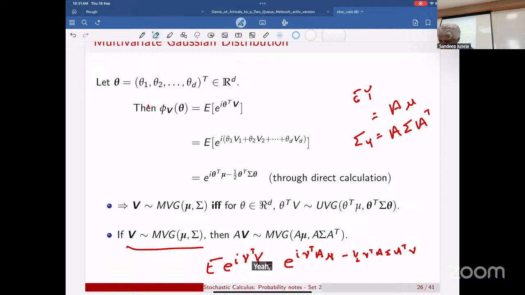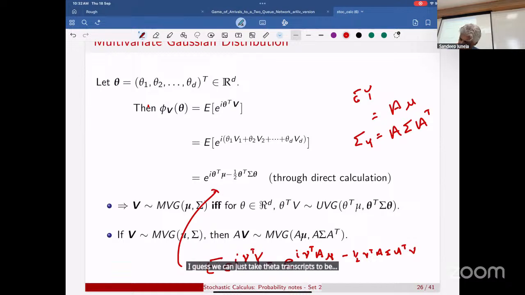So how do we show this? We have this, right? I guess we can just take theta transpose to be gamma transpose A. Then this follows.